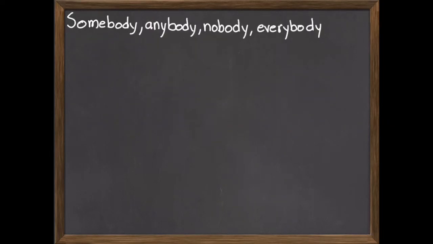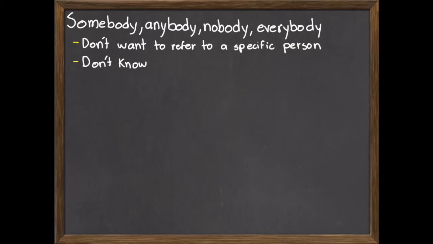Now, let's look at the words somebody, anybody, nobody, and everybody. First, let's look at some examples and then we will look at their descriptions and when we use each of these words. Starting with somebody. We use these words when we don't want to refer to a specific person or when we don't know who the person is.